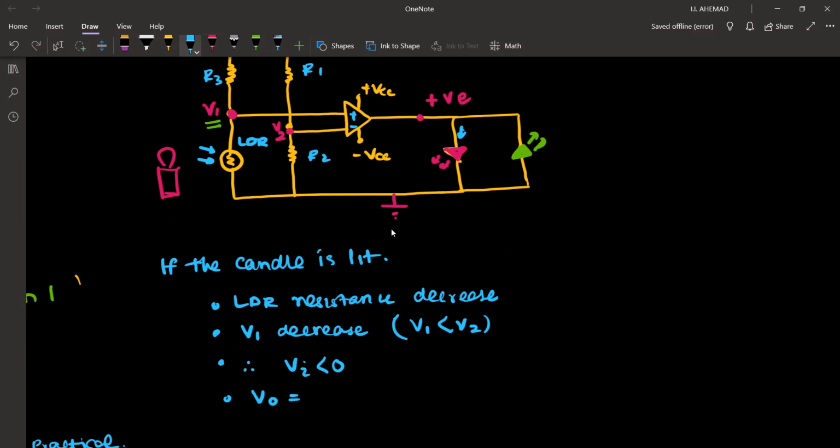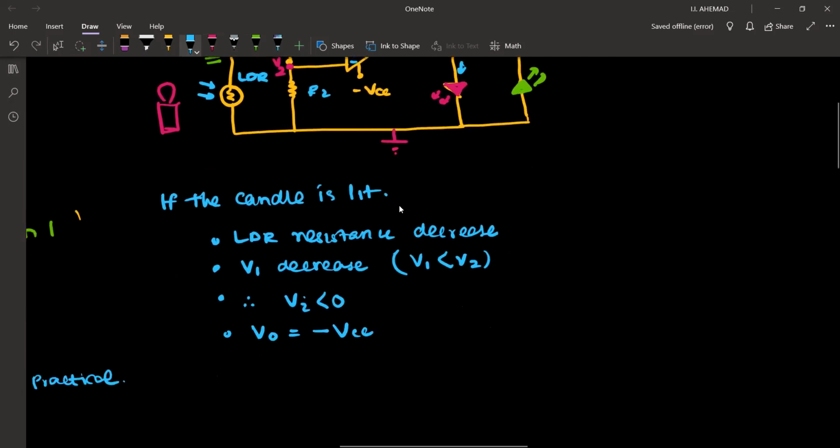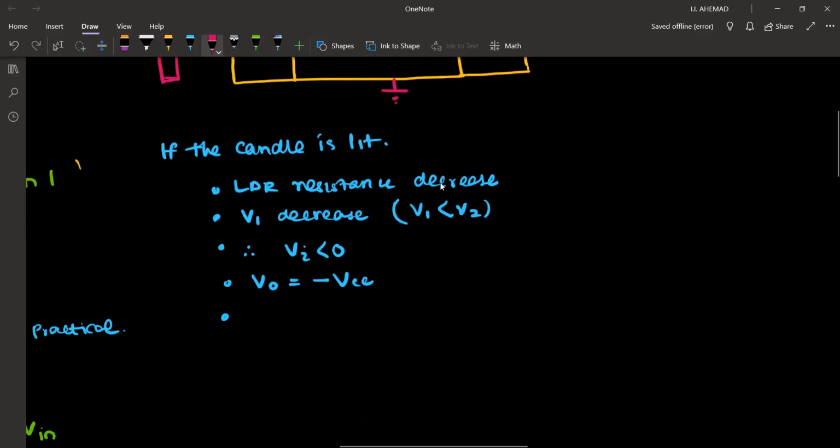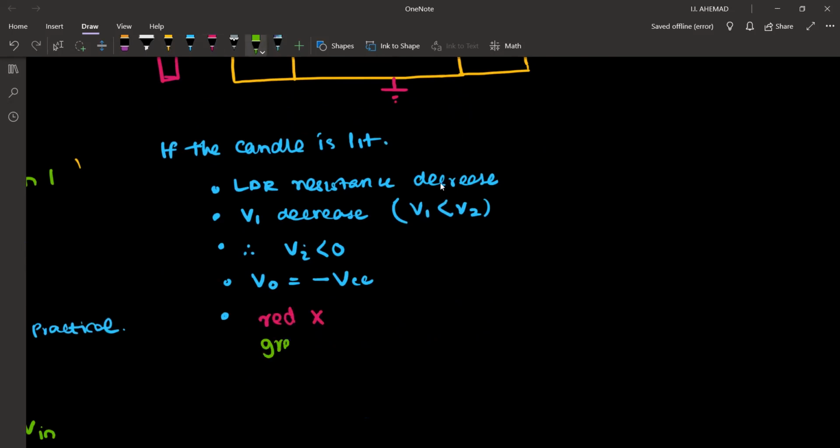Vout is equal to minus VCC. So if this is minus VCC, the candle is lit, right? Green is forward bias, red is reverse bias. Red LED doesn't work. Green LED does work.